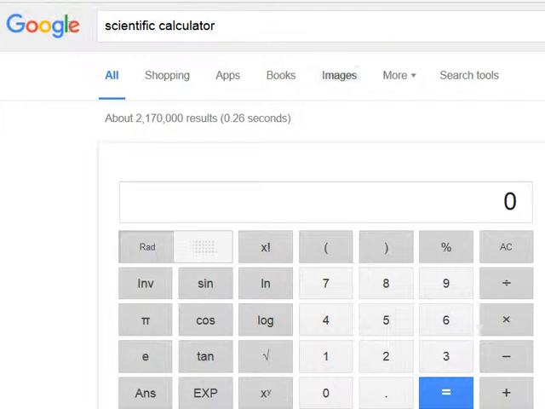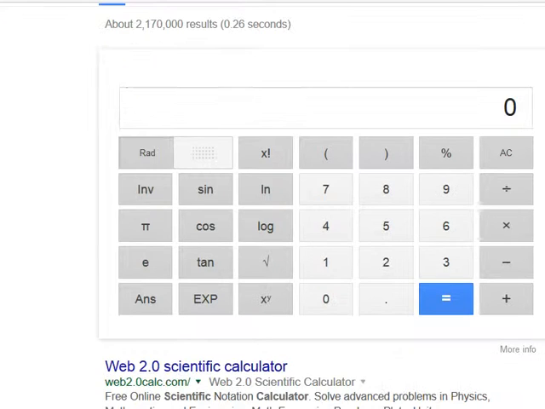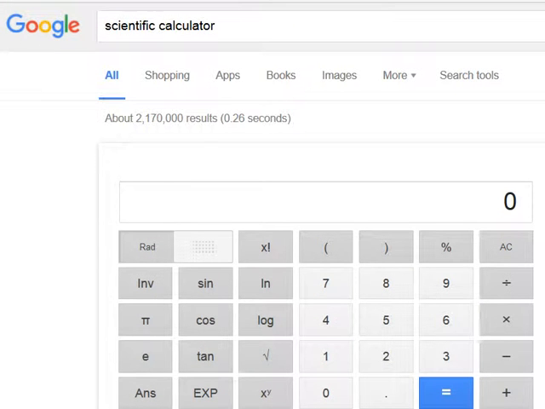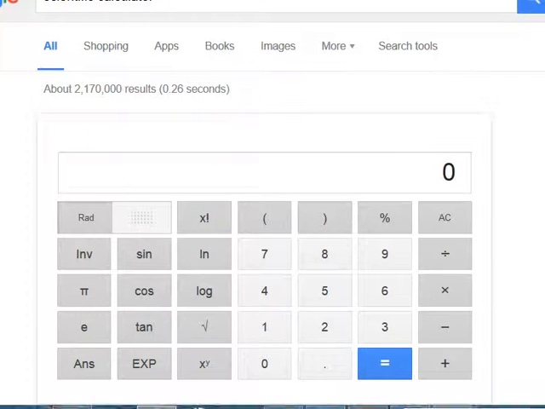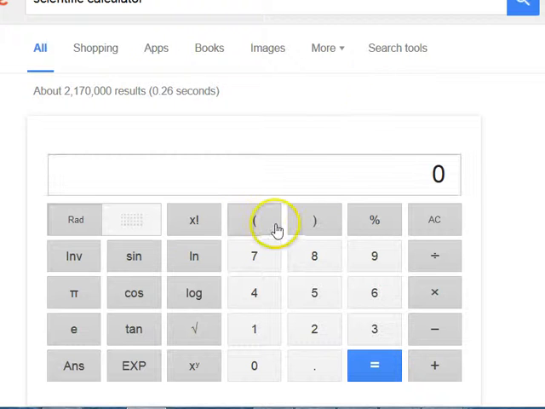I already did that, and you should have a calculator that looks like this. As you notice, this is the regular calculator, and you have additional functions here that are included if you type scientific calculator. So we will be using this calculator as we follow the future value formula.